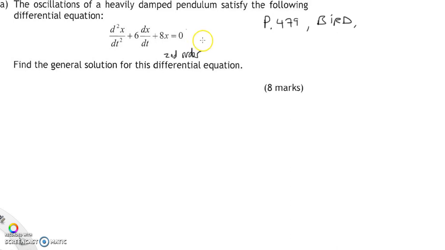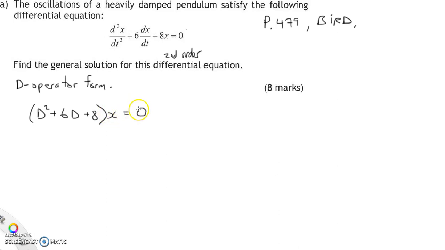The first step is to write this equation in D operator form. So instead of d²x/dt², we're going to have D squared plus 6D plus 8, in brackets, and then we'll have our x here equals 0.